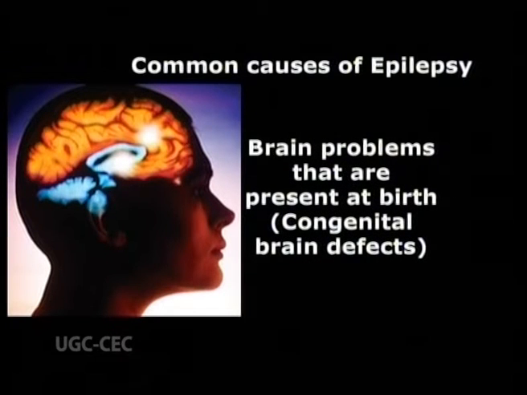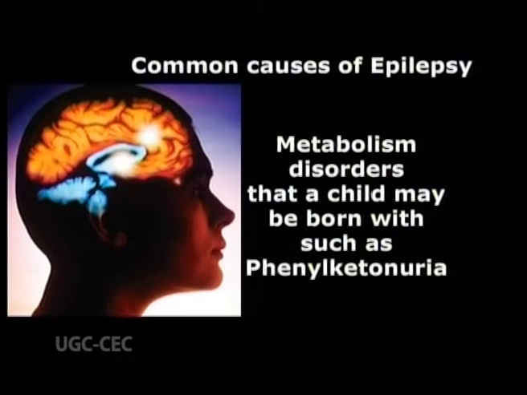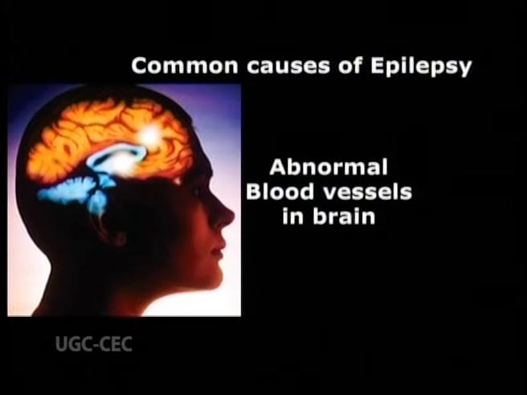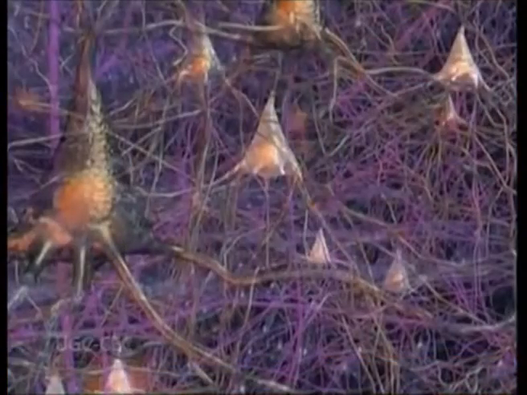Brain problems that are present at birth called congenital brain defects, metabolism disorders that a child may be born with such as phenylketonuria, brain tumors, abnormal blood vessels in the brain, other illnesses that damage or destroy brain tissue.